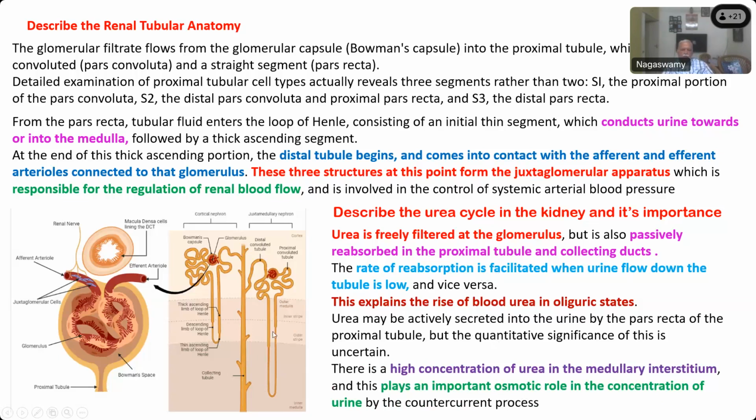And once the urea is reabsorbed, it is stored in the medullary interstitium to give increased osmolality to the interstitium so that more water can be drawn out to make the urine more concentrated. So this urea plays a very important role in the concentration of our urine by countercurrent process. This is a very valuable concept that you have to remember.